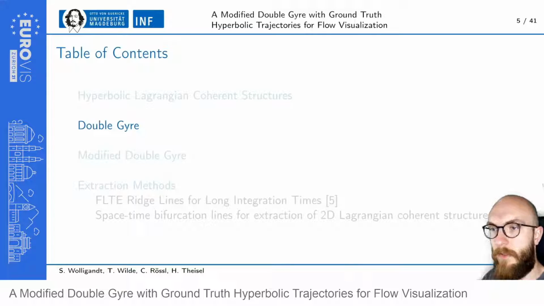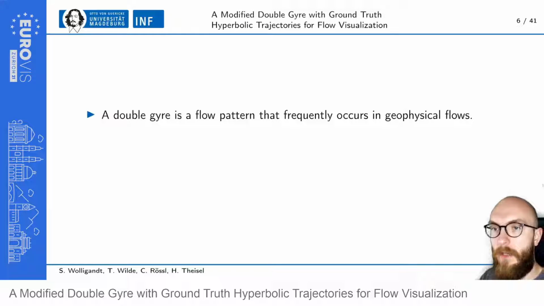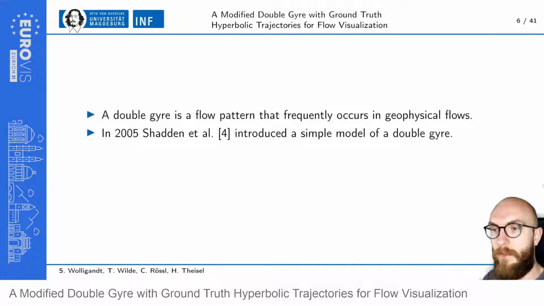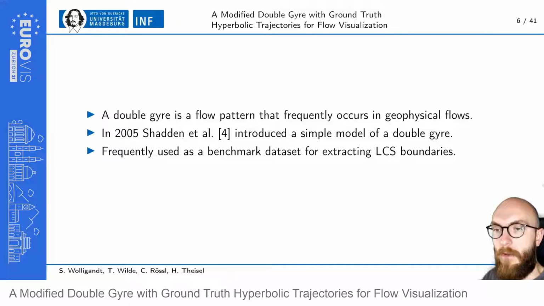Now, what is a double gyre? A double gyre is a flow pattern that frequently occurs in geophysical flows. In 2005, Shadden and colleagues introduced a simple model of a double gyre. It was cited more than 1,000 times, and we estimated more than 100 that use this benchmark dataset for extracting LCS boundaries.